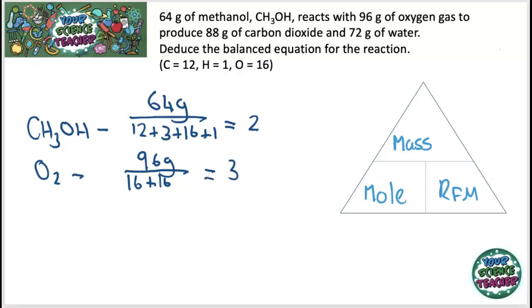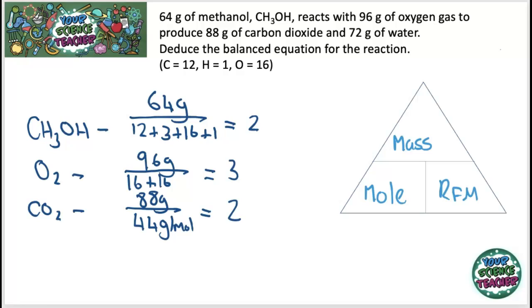And then we have carbon dioxide, which is CO2, and CO2 has 88 grams. And I know the relative formula mass of carbon dioxide is 44. And that gives me an answer of 2.